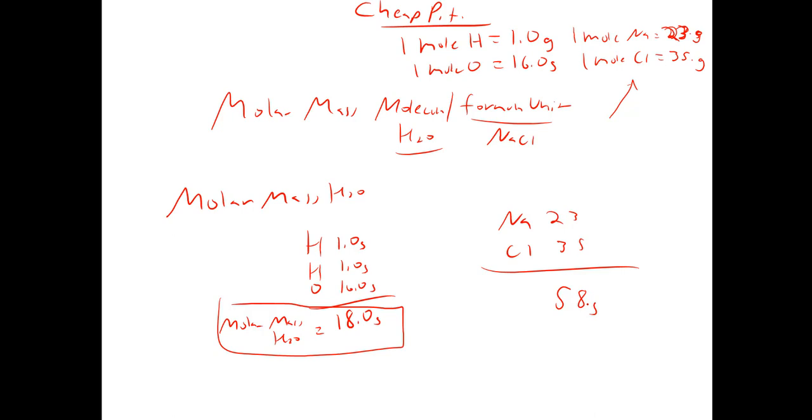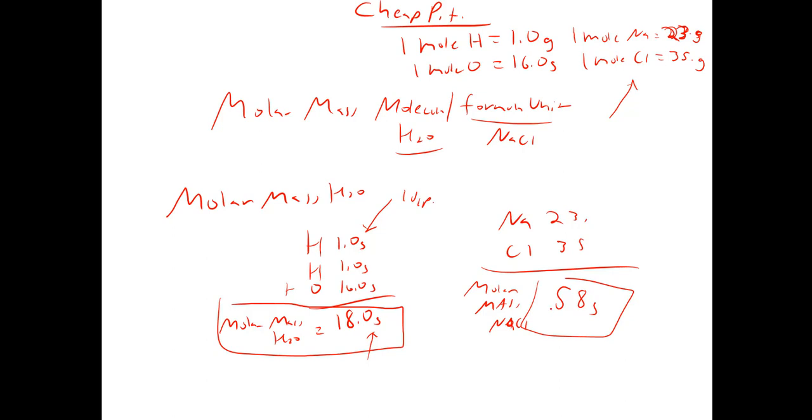Now that's using my cheap periodic table, and I use that because it cuts down the math. On the left hand side we had 1 decimal place for each of those, so the least decimal places, when we add them together, is going to be 1 decimal place. Whereas over here, we had no decimal places, so the final answer should be rounded to no decimal places for the molar mass of NaCl.